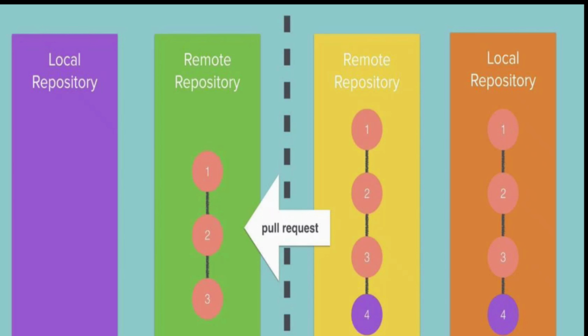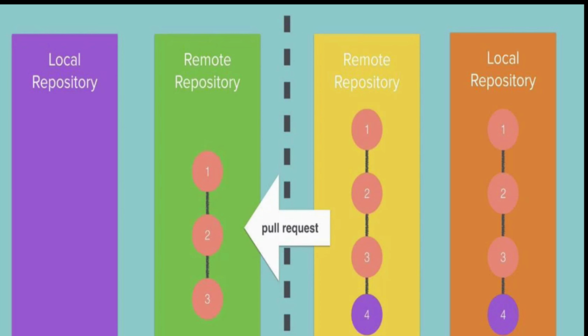on the left we have local and remote repositories of the owner, and on the right we have remote and local repositories on our computer. Basically, let's say we want to make a contribution. What we do is we first fork the repository from the owner to our account, and then we clone it.